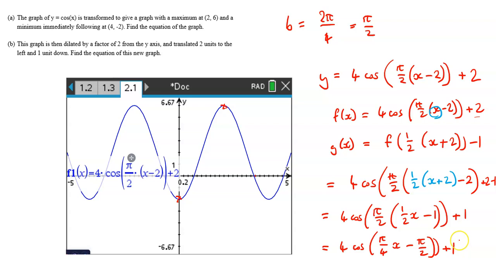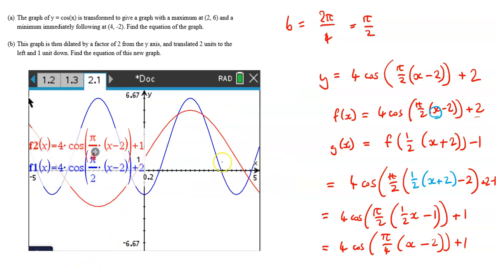That's one way of writing it. That is a correct equation, I think. We could also factorize out the half from inside and say it's going to be pi on 4, because we've taken out the half, (x minus 2) plus 1. That now tells us what our final curve is in relation to the cos graph.